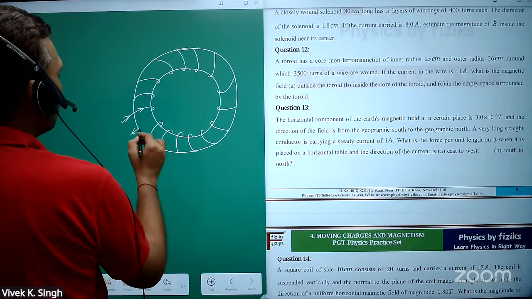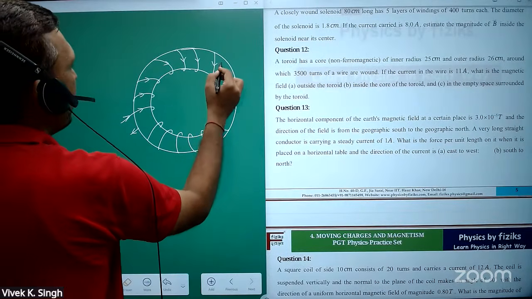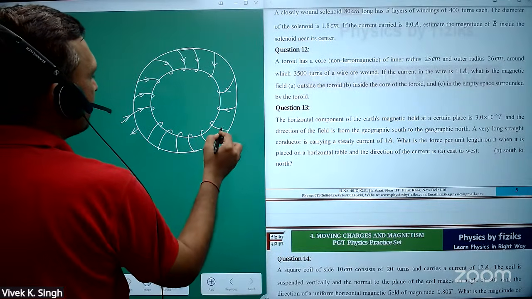So this is the current. Solenoid bent in a circular shape.